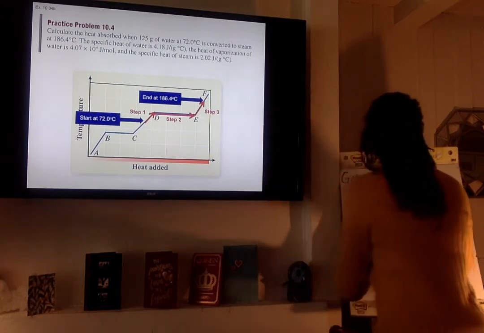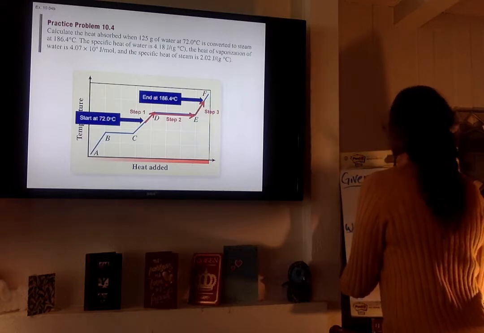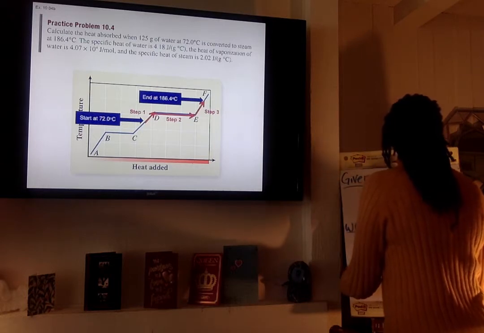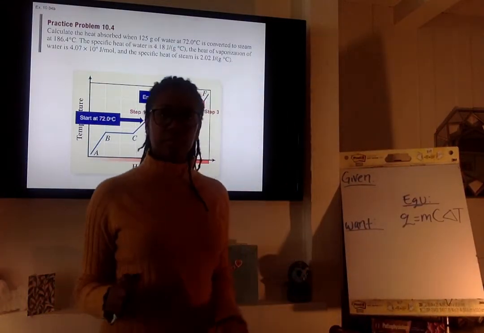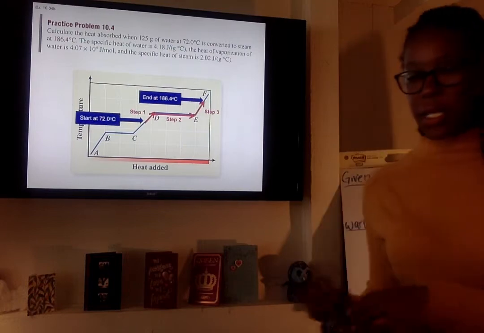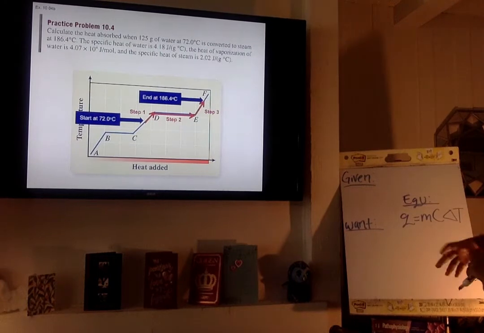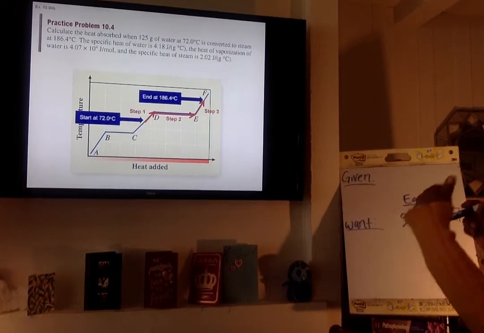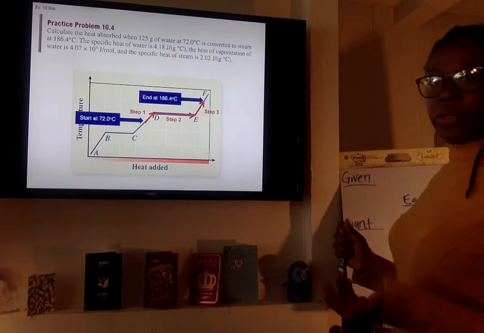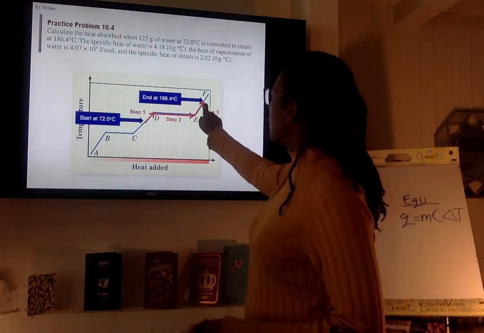So the equation we're going to be using is Q equals MC delta T. It's not an A, but it's a delta. So Q equals MC delta T, and that's how we're going to calculate how much heat was absorbed. It says absorbed, obviously, because we increased in temperature.